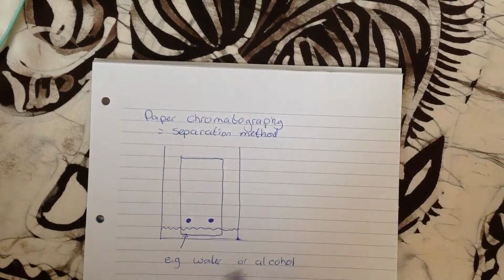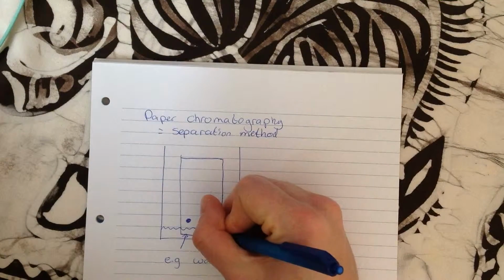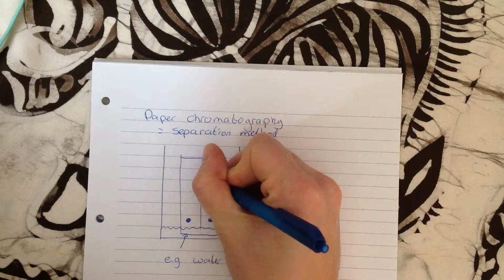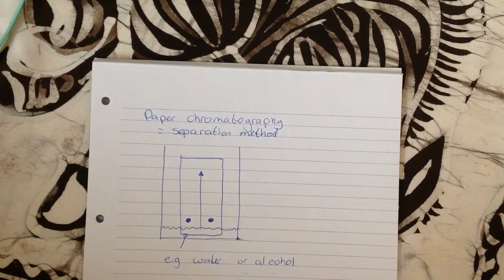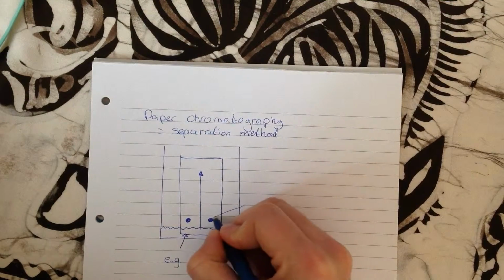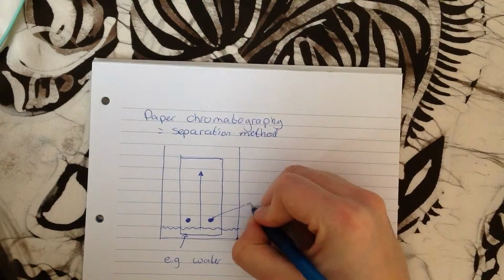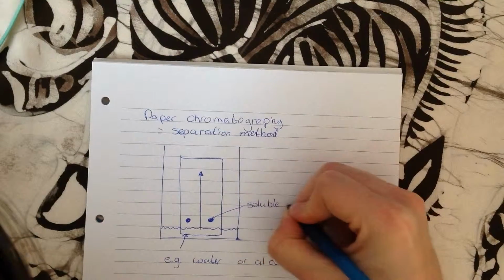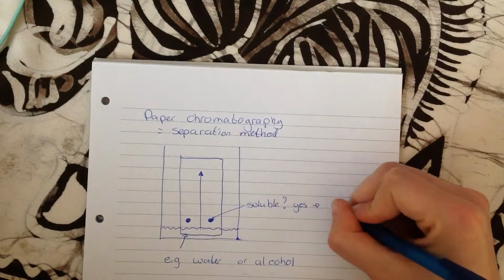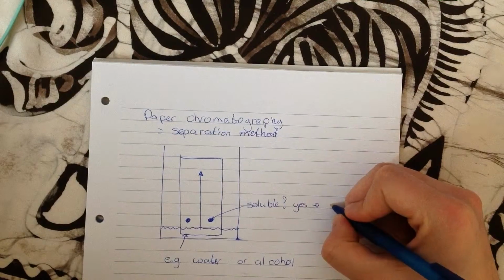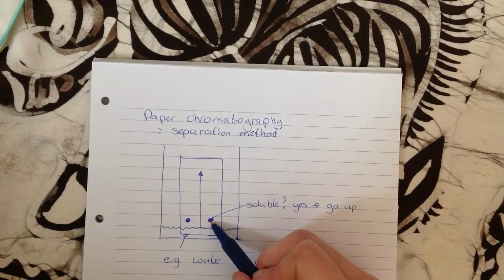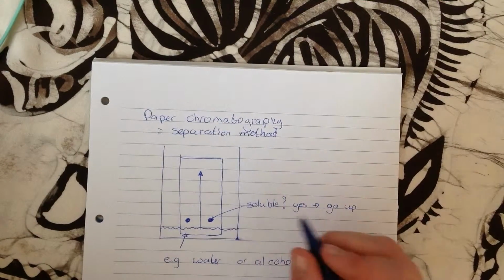And then the liquid will move upwards into the paper. Then it will take this. So it depends on the solubility. If it is soluble, then it will go up, because this water will dissolve this, and then it will take it with it.